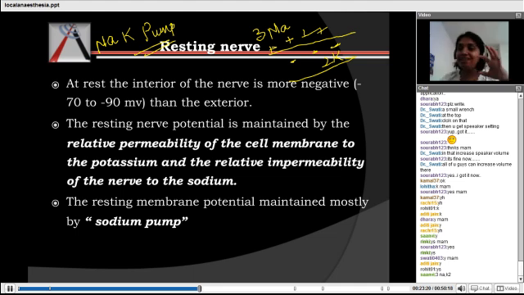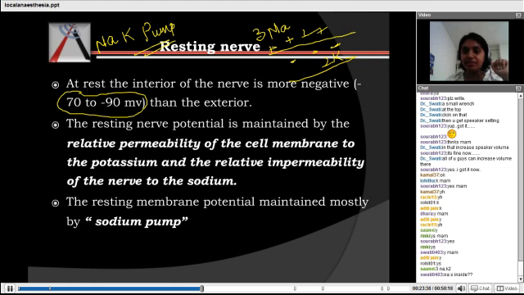So there is no balance, and that is why we have the negative potential on the inner side. So that is what this slide says. This is our resting membrane potential, and its value is minus 70 to minus 90 millivolts, negative compared to the exterior.